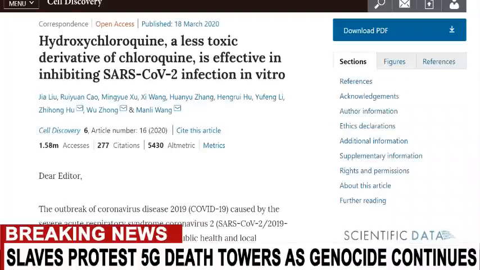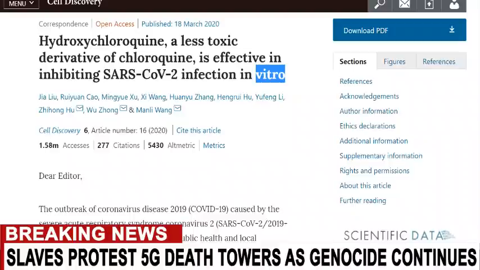In this Nature.com publication, hydroxychloroquine, a less toxic derivative of chloroquine, is effective in inhibiting SARS-CoV infection in vitro. Of course, in vitro means test tube, and in vivo means living, ladies and gentlemen.